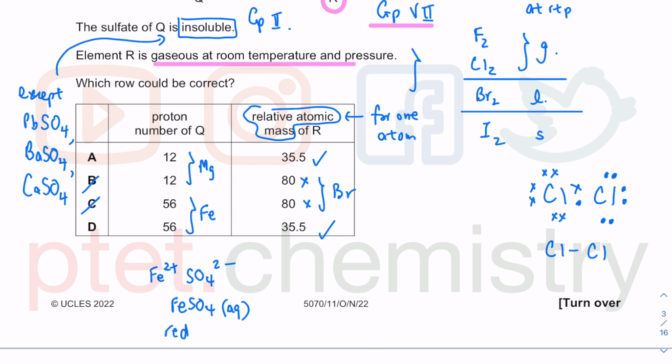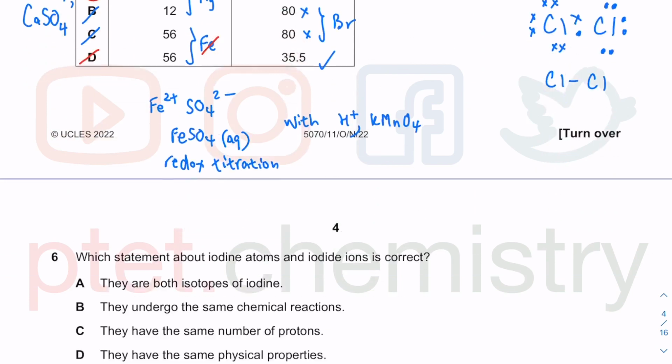We think about redox titration. You are doing a titration of a solution of iron(II) with your acidified KMnO4, the purple colored oxidizing agent. So it's not like you haven't used it before. You did not do titration with a solid. You did it with a solution. So iron(II) sulfate is soluble in water. It said this is insoluble. I really wouldn't go for the iron. Therefore, I would go for the magnesium there.